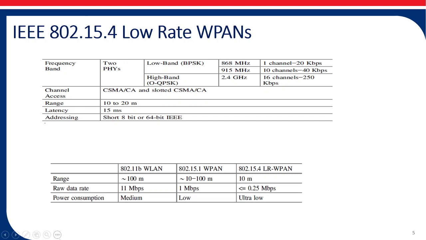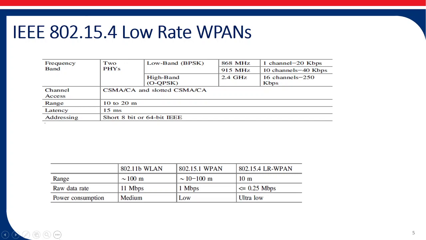IEEE 802.15.4 devices are designed to follow the physical and data link layer protocols. As shown in the table, the physical layer supports the 868/915 megahertz low band and the 2.4 gigahertz high band. The MAC layer controls access to the radio channel using the CSMA-CA mechanism.